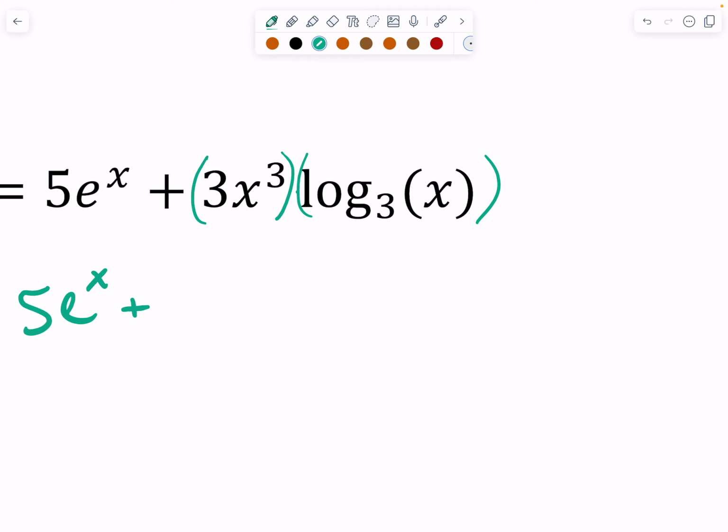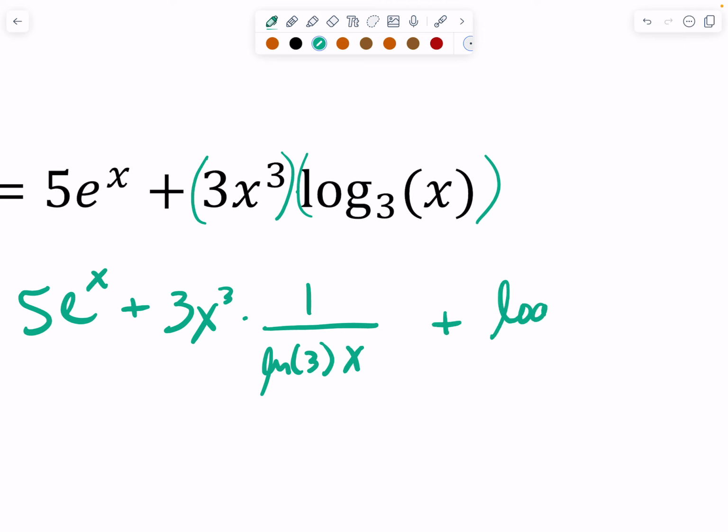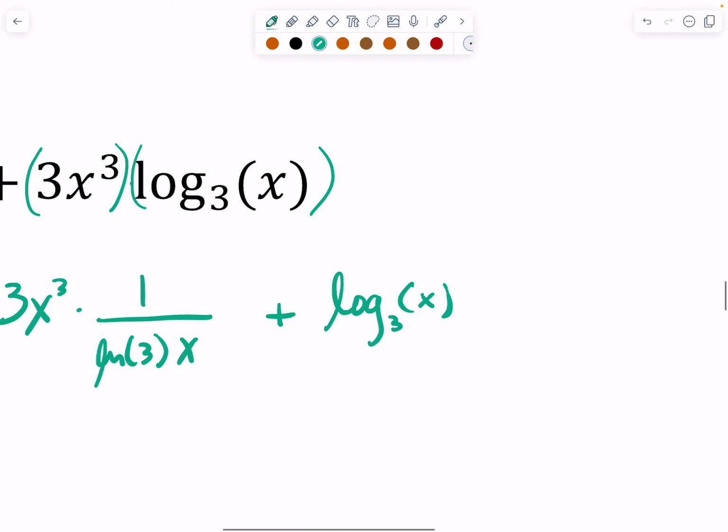So maybe I'll do that. So first factor for product rule times derivative of the second factor would be 1 over natural log of 3 times x, plus the second factor times the derivative of the first would be 9x squared.